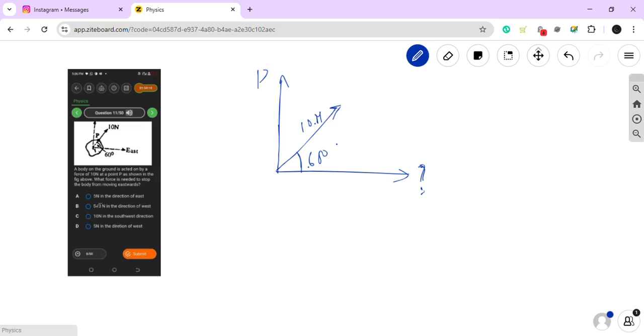I already said what you can use straight away: 10 cos 60, and cos 60 is 1/2, so that's 10 times 1/2, 5 Newton straight away. I'm trying to see if there is another way of doing that, but I guess that's the best way. You just use 10 cos 60. Alright, so that's that for that.